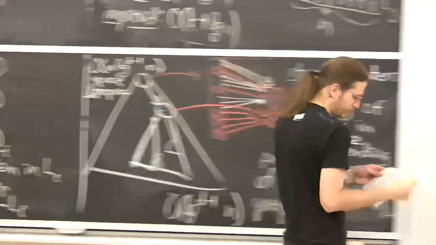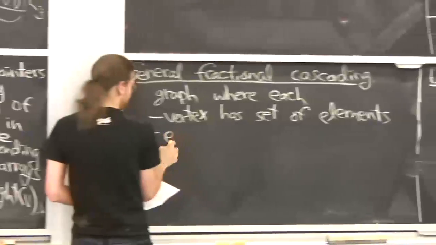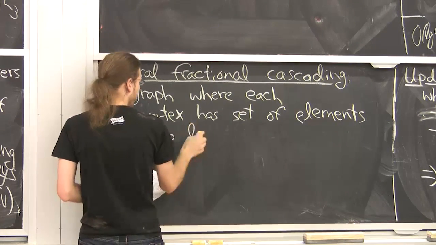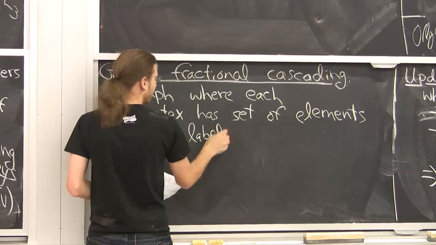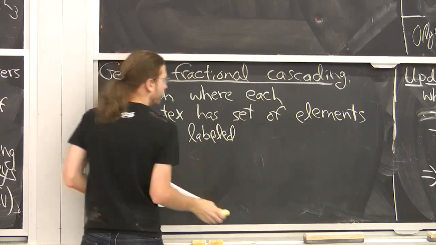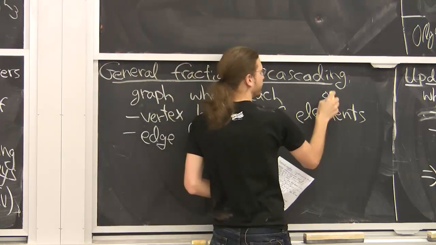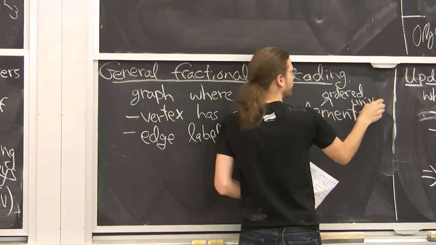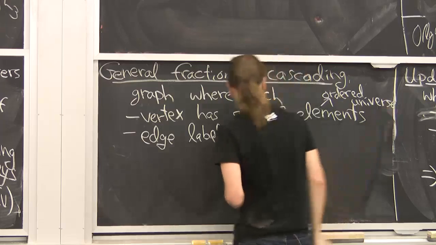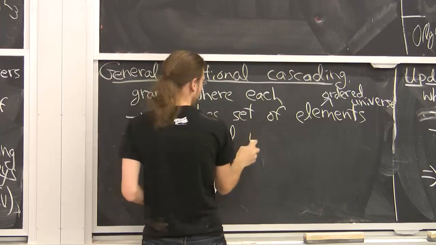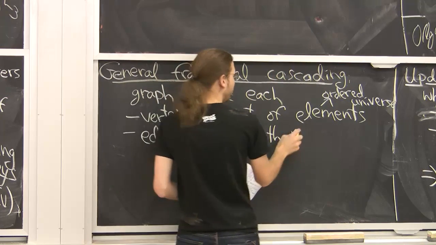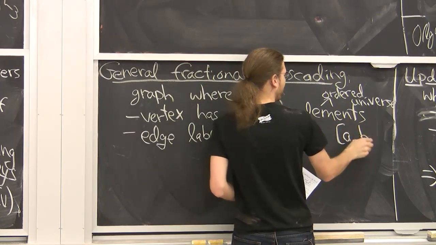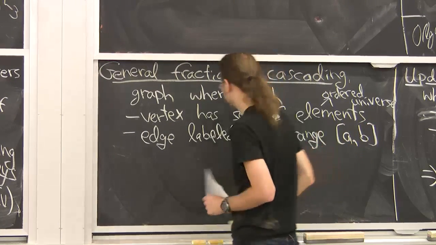Before I tell you exactly what search is, let me tell you about the rest of the graph. Every edge of this graph, and this is in an ordered universe, so it's one-dimensional, is labeled with a range from that ordered universe, A, B. Every edge has some range.